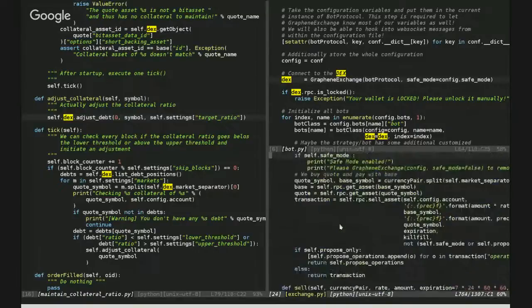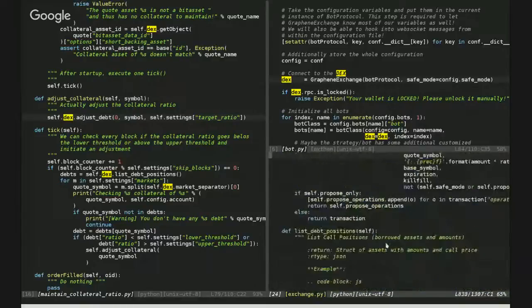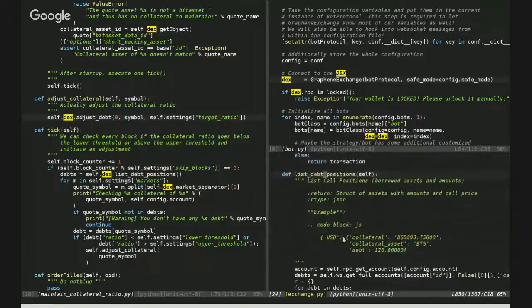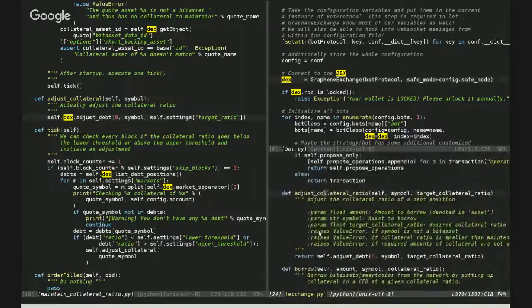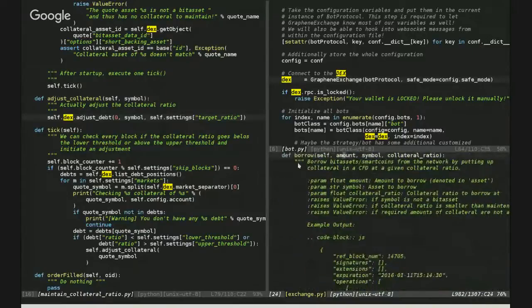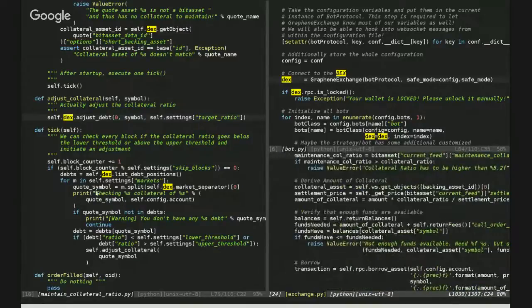There's also a sell and a buy order, buy, sell call, list debt positions. That is, of course, not available on Poloniex. Close debt positions, adjust collateral here, the adjust collateral ratio. You can borrow new stuff.